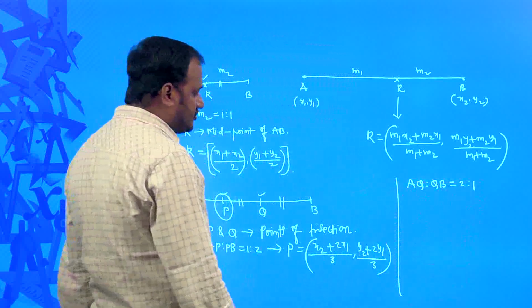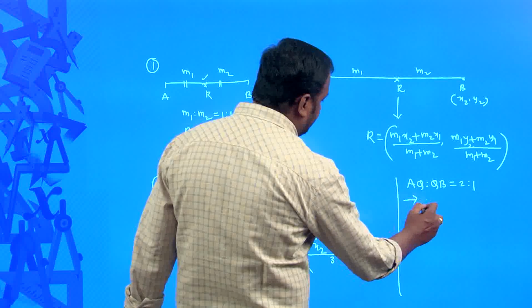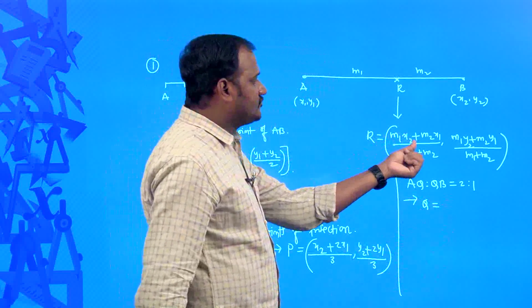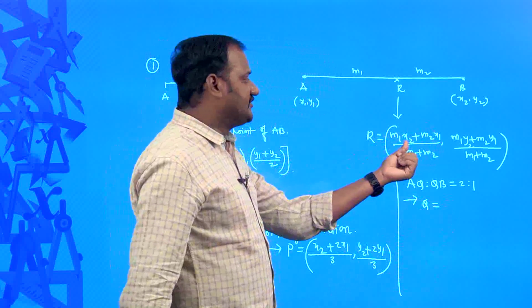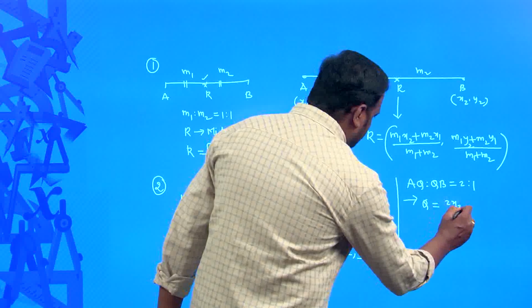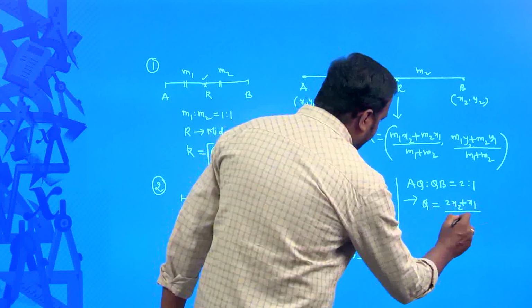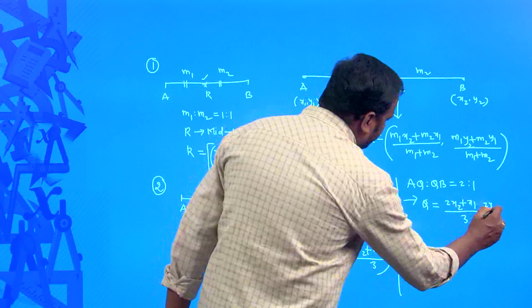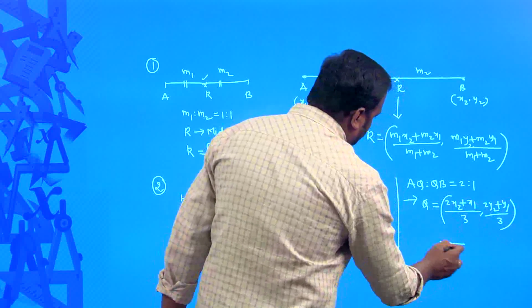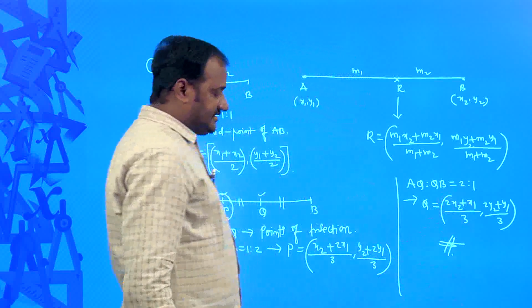So, if it is 2 is to 1, then what are the coordinates of the point Q? Q is going to be m1 x2, 2x2 plus 1x1, 2x2 plus 1x1 means 2x2 plus x1, right. So, (2x2 plus x1) divided by 3 comma (2y2 plus y1) divided by 3. So, these 2 points are said to be points of trisection.